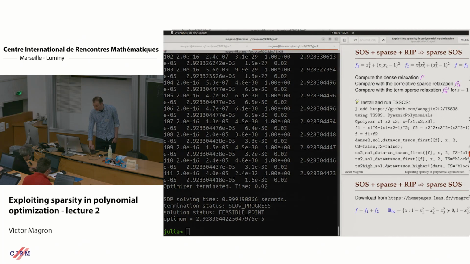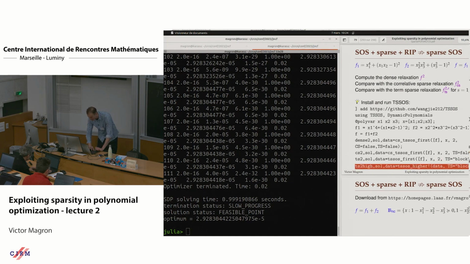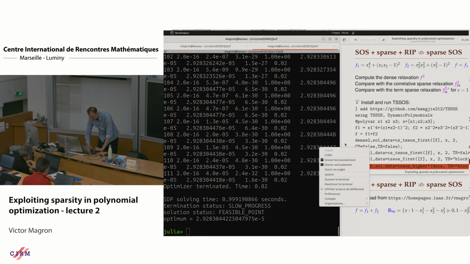But then I can go higher in the term sparsity hierarchy. To go higher, there is a command which is called tssos_higher.